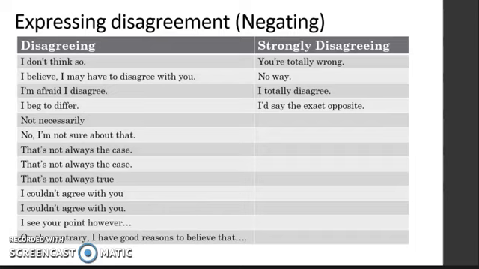Or you may use, "I believe I may have to disagree with you," or "I'm afraid I disagree with you." You can use these phrases if you're going to disagree politely, respecting their opinion before sharing your own.